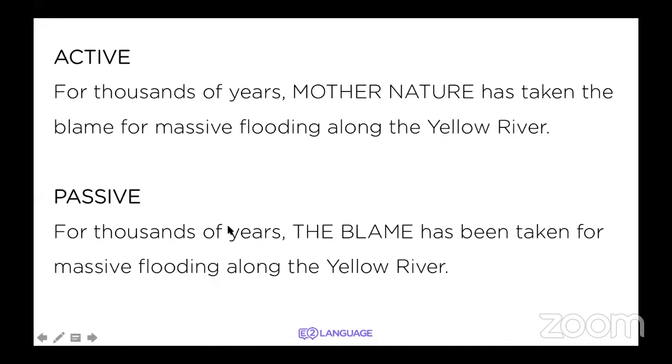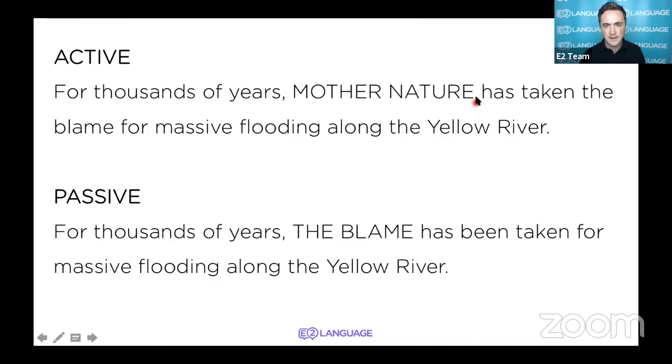Almost all of you agree that the first one is more important here. Let's read the active one first. It says, for thousands of years, Mother Nature has taken the blame. So this is an active sentence where the subject is doing something or has done something. Mother Nature has taken the blame for massive flooding along the Yellow River.